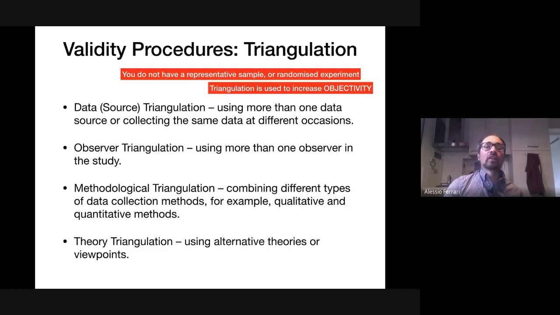You can do data source triangulation, collecting the same data on different occasions; observer triangulation, more than one observer in the study; methodological triangulation, different data collection methods, qualitative and quantitative, for example, like in our case; and theory triangulation, using alternative theories or viewpoints to interpret your findings.